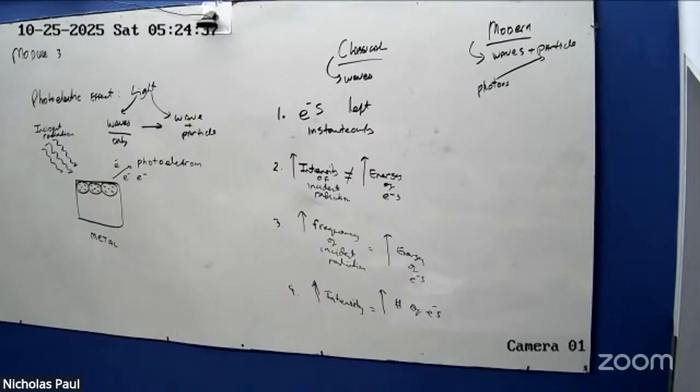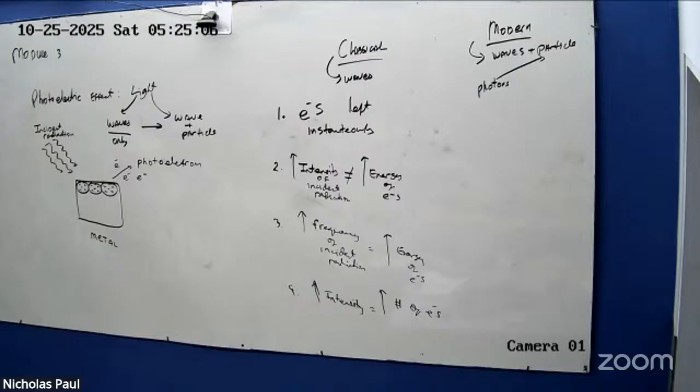Right, so we need to be able to explain why all this happened. So in the exam, when they ask you what was expected and what they got, they can ask a question like, what were the issues classical physics had?